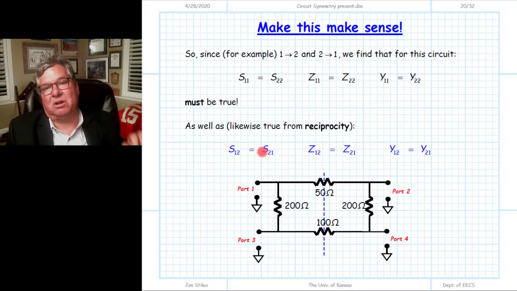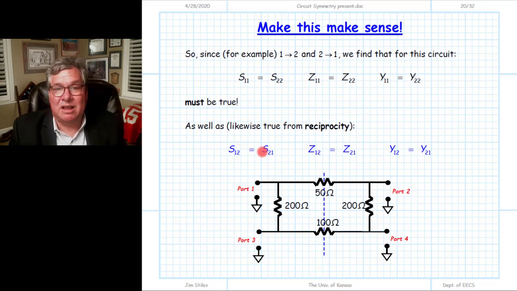Again, we just call port 1 port 2 and port 2 port 1. Otherwise, we haven't changed the circuit. Since we haven't changed the circuit, we're going to get the same result for the scattering parameter. And so we know that S12 is equal to S21, likewise for impedance and admittance parameters, for example.